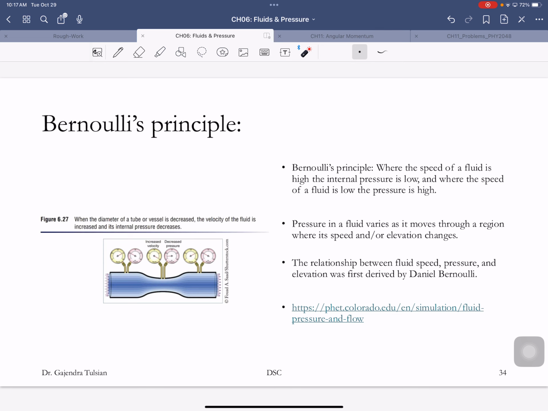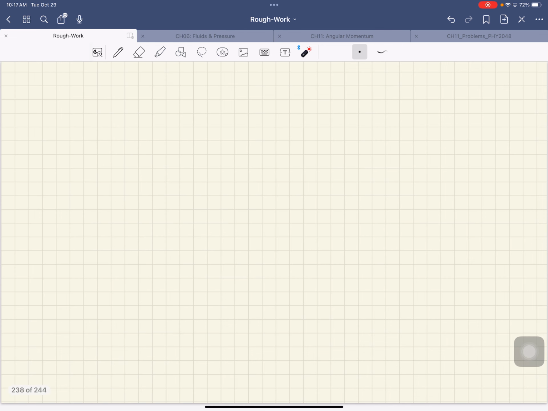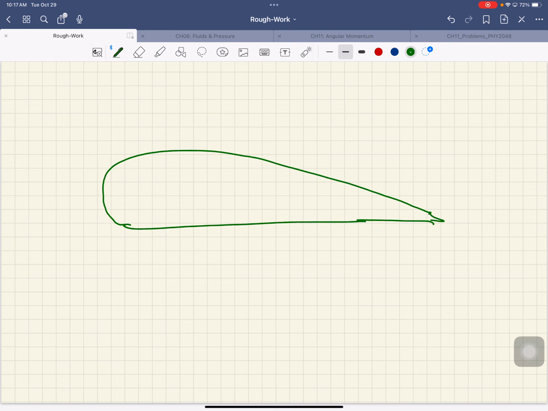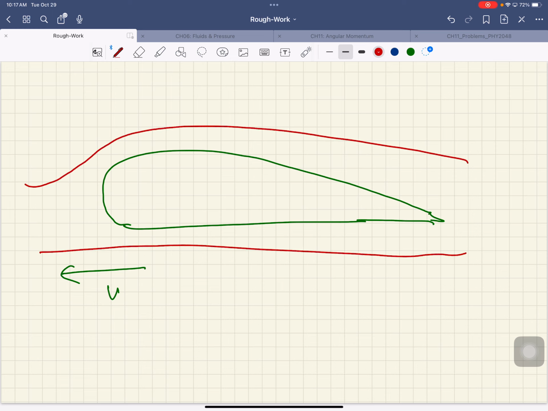For instance, here's an airfoil. This is how planes work. This is the cross section of a wing, and when the plane is traveling in this direction, air is flowing over the wing like that. Because of the shape of the wing, the air on top has to travel a larger distance than the air below. So the velocity at the top is greater than the velocity at the bottom.